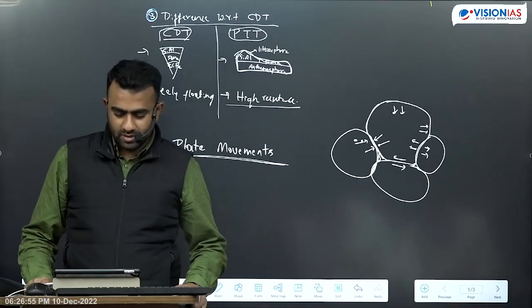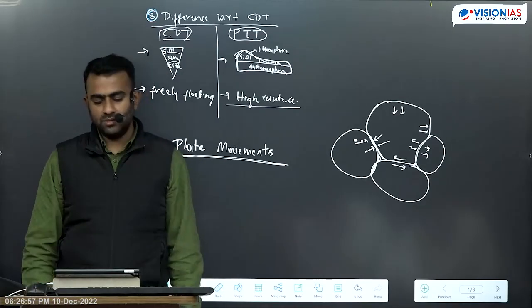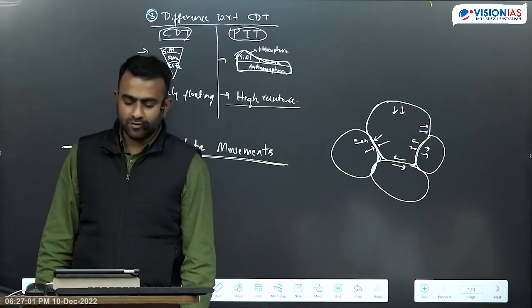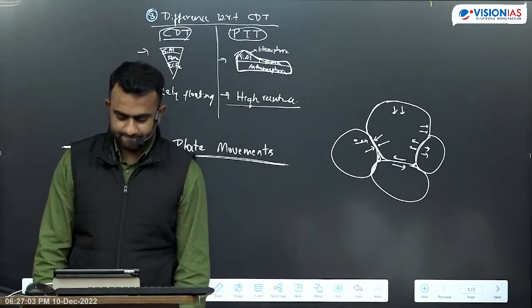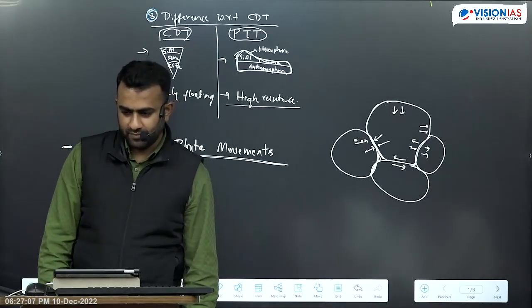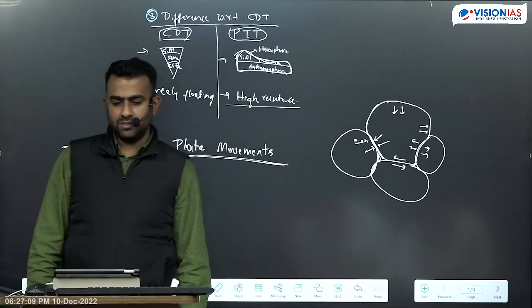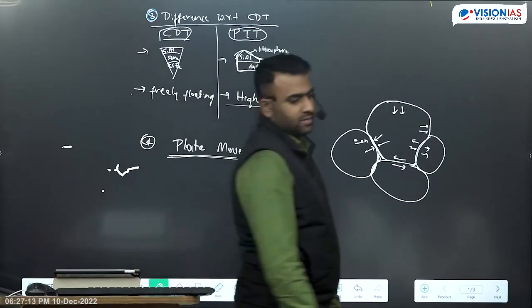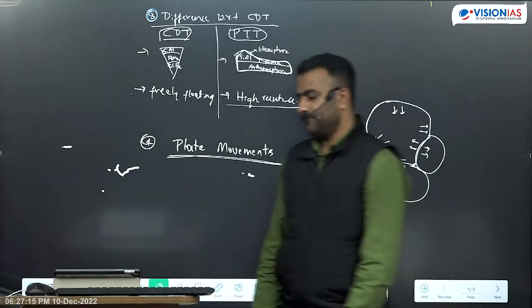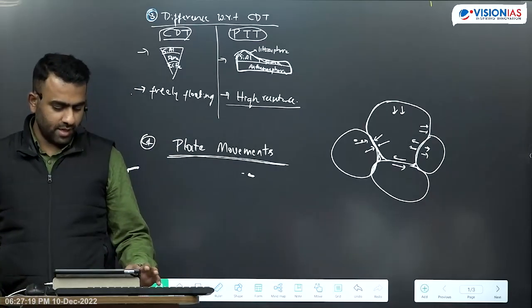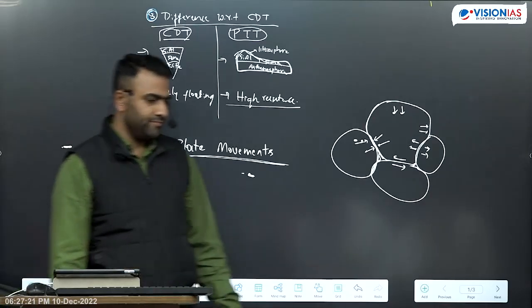Full stop. This causes three types of plate boundaries: divergent, convergent, and transform.